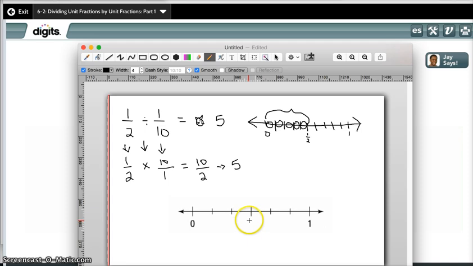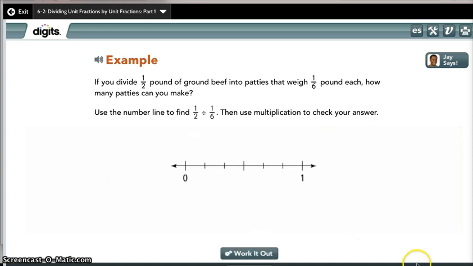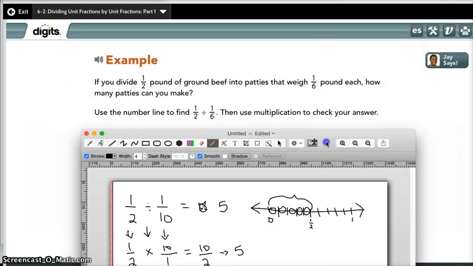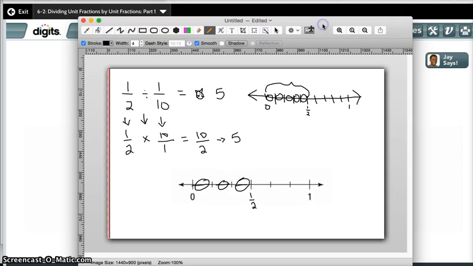So here's 1/2. And we need to see how many 1/6 chunks are in 1/2. So there's 1, 2, 3. There's this piece, and this piece. There's 3 patties that we can make, 3 1/6 pound patties inside of 1/2. And while we're on this, I'd also like to show you the freeze, change, flip way, 1/2 divided by 1/6.